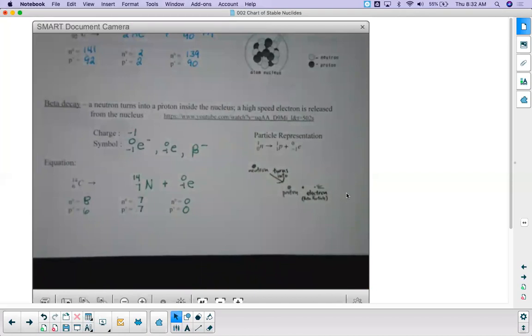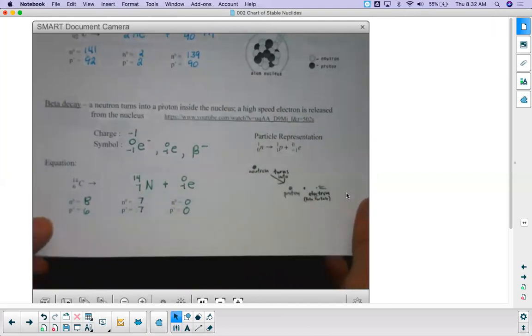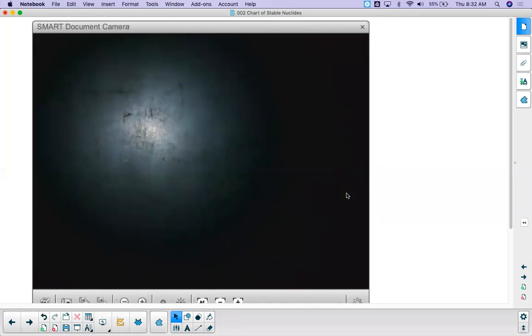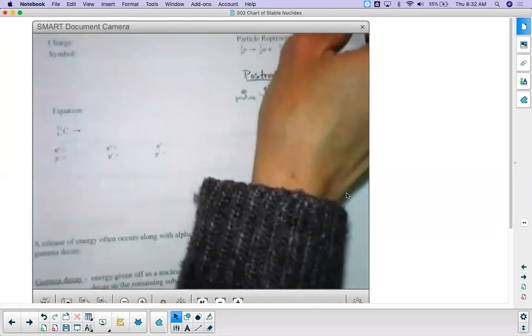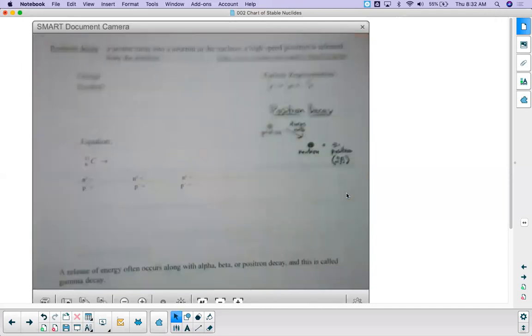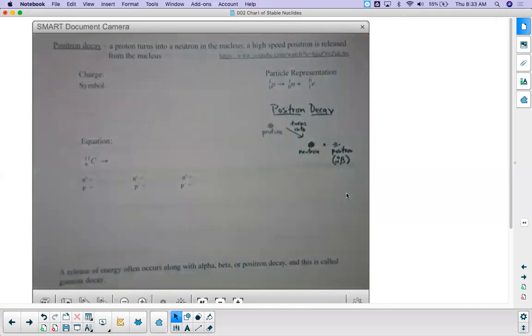The other possibility is the reverse of this situation. Positron decay. We can go the other way. Positron decay is when a proton in the nucleus turns into a neutron and releases a high-speed positron.